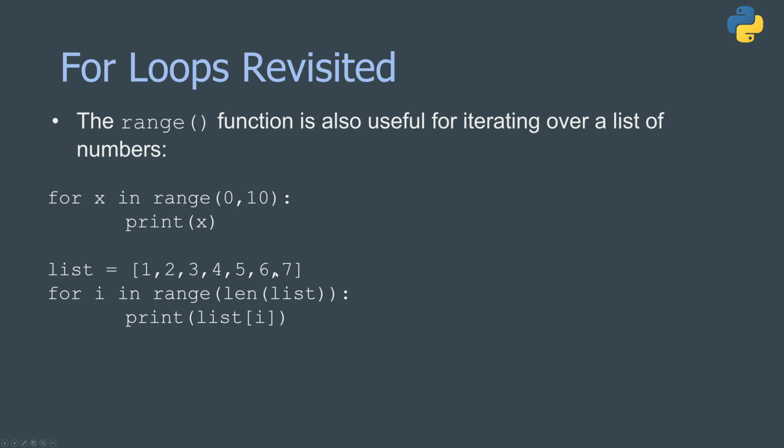And there isn't a valid index 7 in this list right here, right? 0, 1, 2, 3, 4, 5, 6. Index 7 is empty, and so there is no valid value here. So the fact that range is exclusive on its end index is closely related to the fact that we usually use zero-based indexing. And as a result, there isn't a value at the index equal to the length of a list or a string or whatever. Okay, anyway.